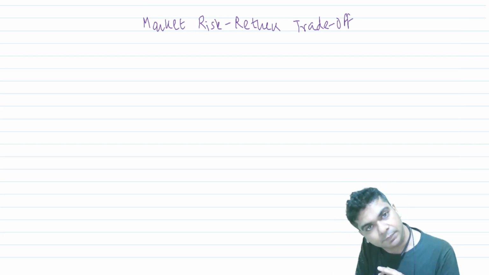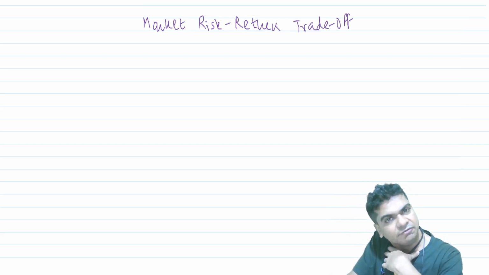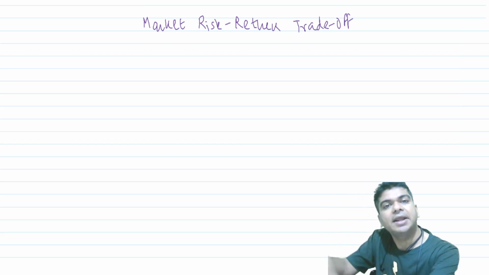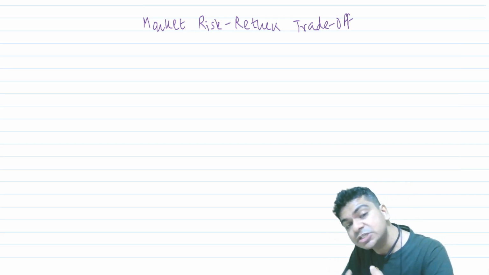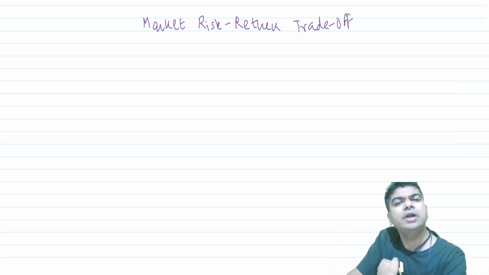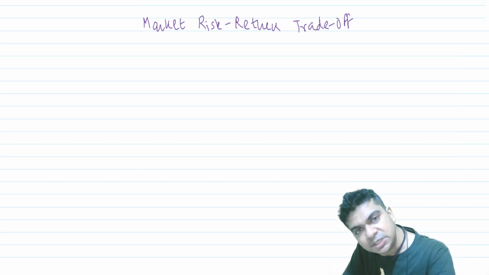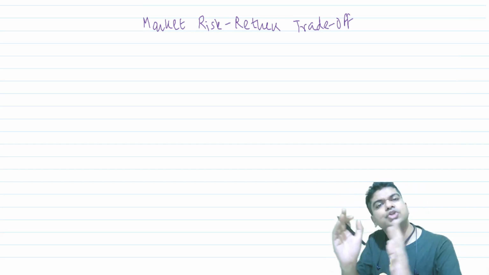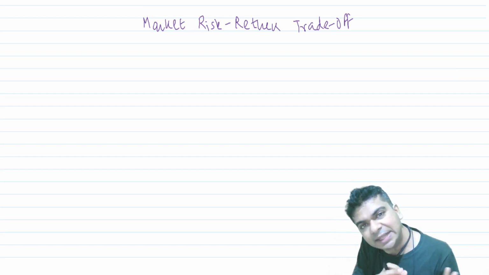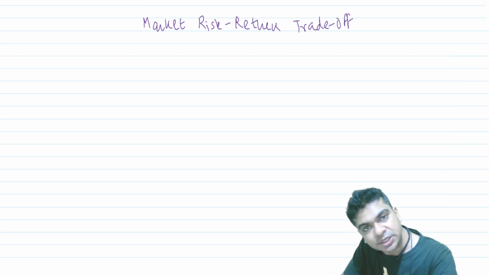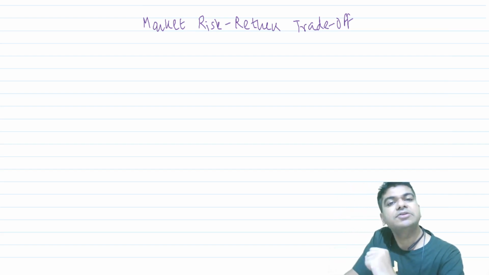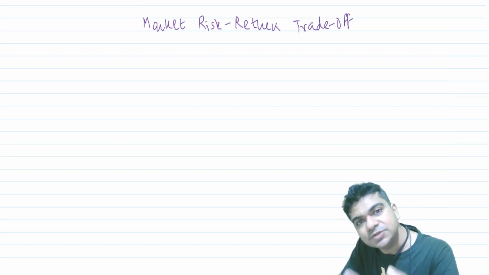What does that mean? I will ask myself, as far as the market is considered, by market I mean, let us say, the Bombay Stock Exchange and National Stock Exchange, where such a large number of people are participating, right? Such a large number of people are every day buying and selling shares on the Bombay Stock Exchange and the National Stock Exchange. So, what is the risk return balancing that the market is doing?